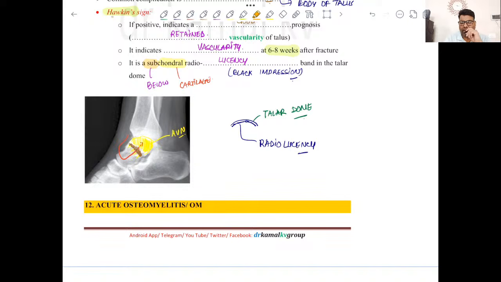We can say that there is radiolucency. So Hawkins sign is positive, and positive means good prognosis. Fine. So just remember these three things: radiolucency, positive test, good prognosis.